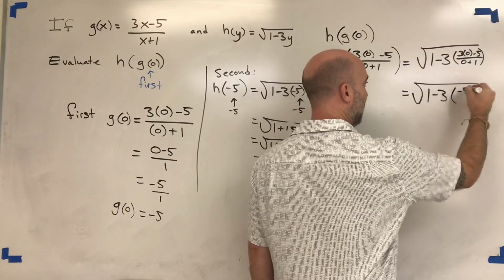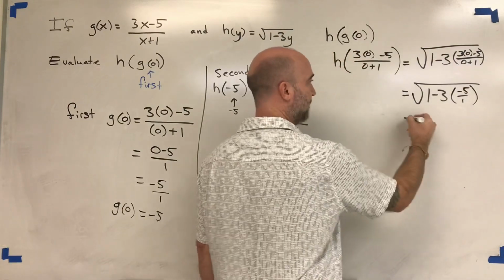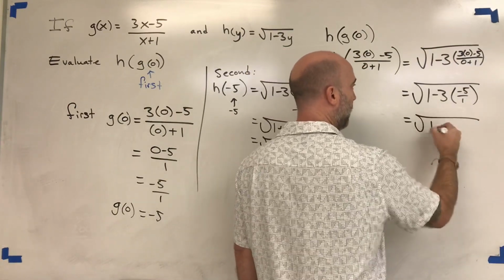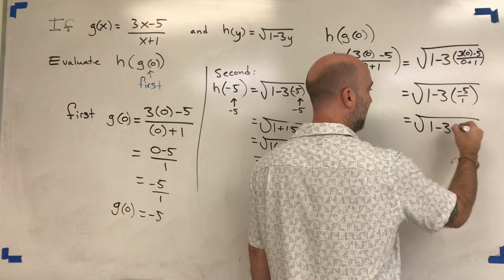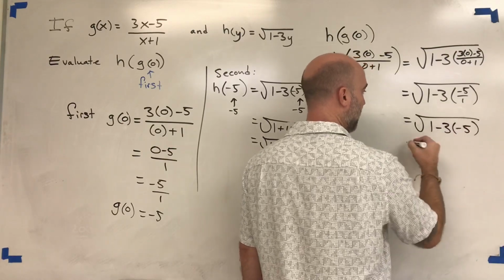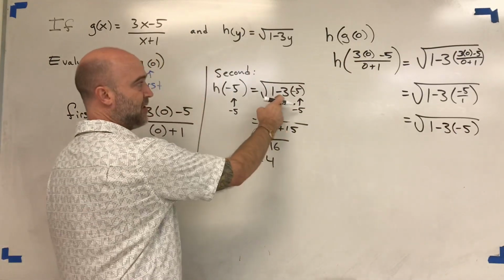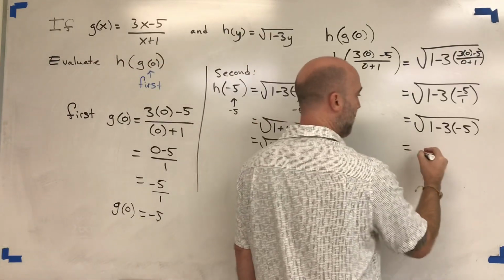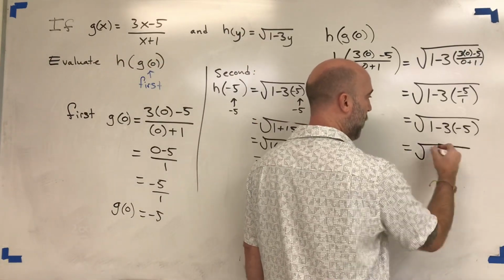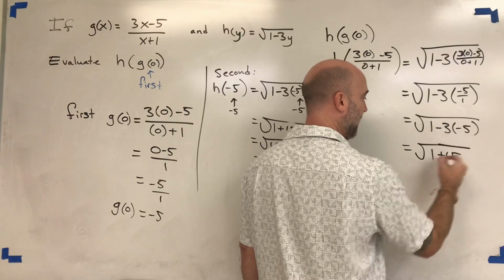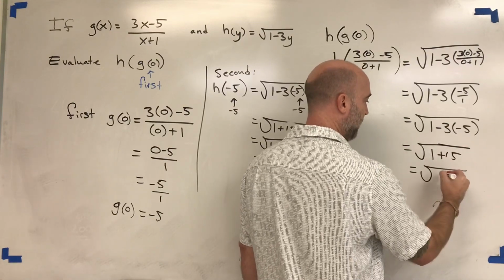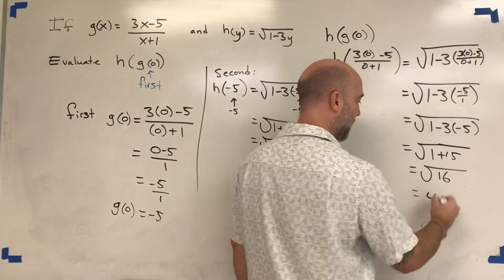So that's negative 5 over 1, which is just negative 5. 1 minus 3 times negative 5. And then notice we've just kind of linked into what this one is here. 1 plus 15 equals square root of 16, which is our friend 4.